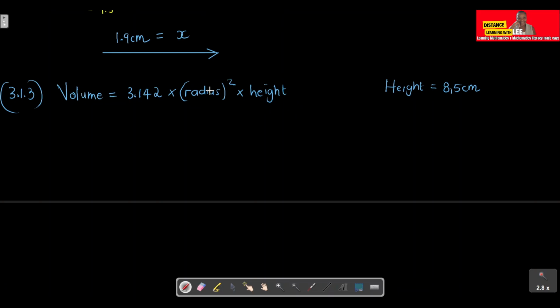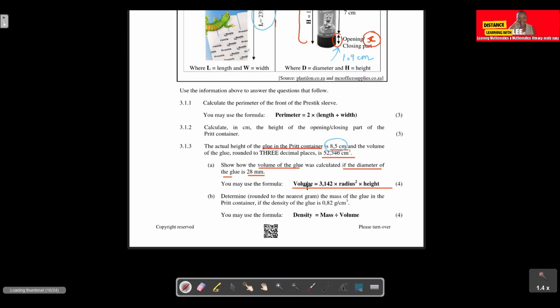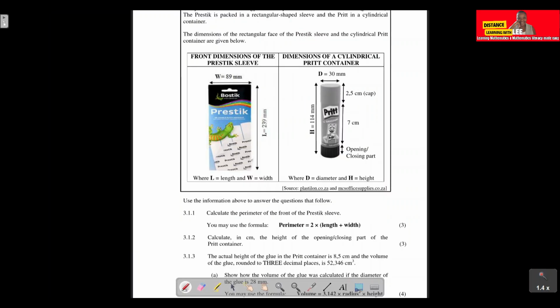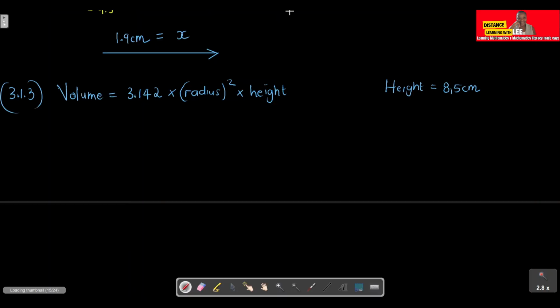We need the radius. However, what have they given us here? They just gave us the diameter of the glue. When we're talking about diameter, guys, I'm just going to draw the circle here so that you see what I'm talking about. We are talking about the distance from the circumference of the circle going through the center of the circle to the circumference of the circle.